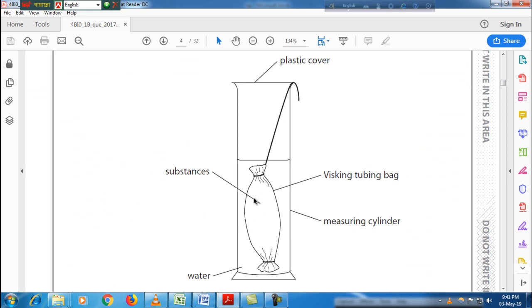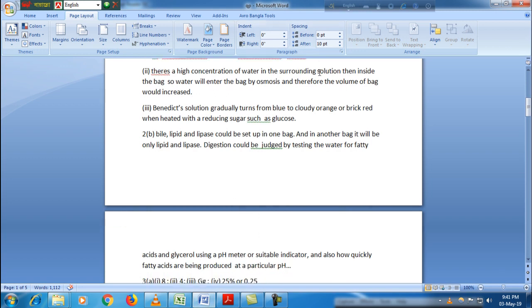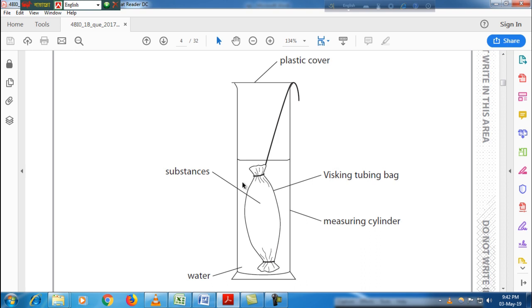So the answer is there's a high concentration of water in the surrounding solution than inside the bag. The concentration of water is more than that which is present inside the bag.